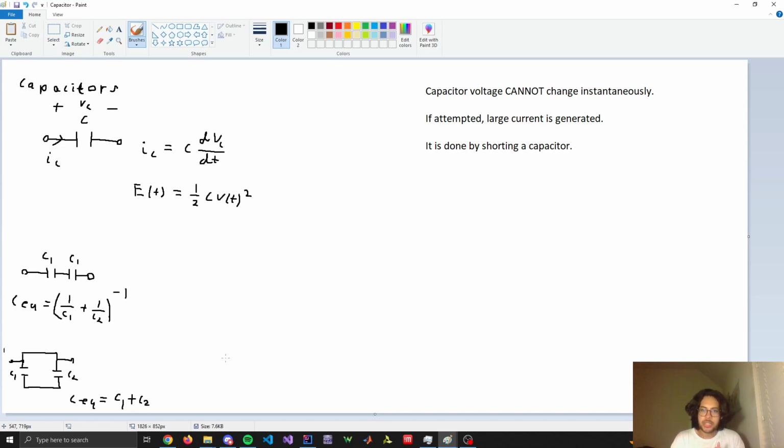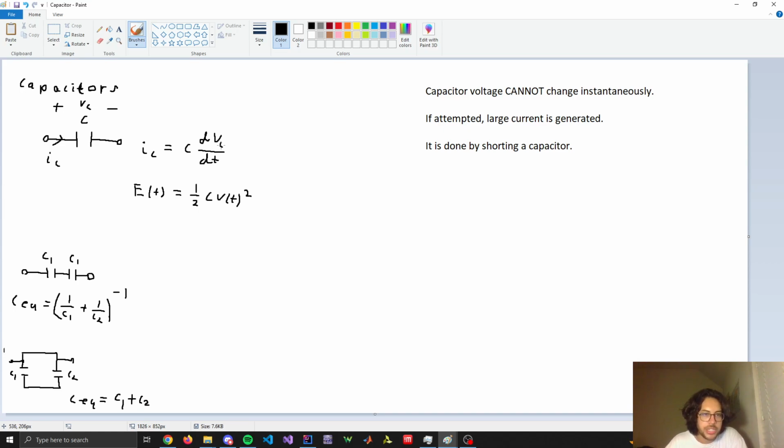And another property is that the capacitor voltage cannot change instantaneously. It can't, because if you look at the terminal equation, the current is C dV over dt. So if you attempt to change the voltage instantaneously, you're going to be trying to take the derivative of a line with a very steep slope, which would be almost infinity.